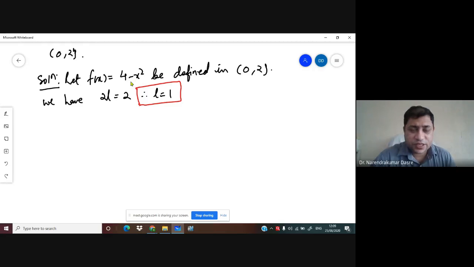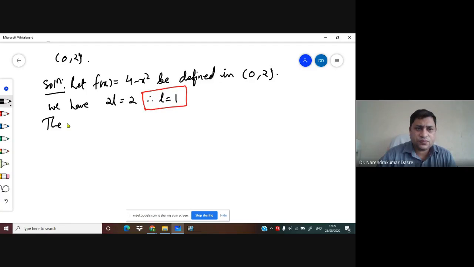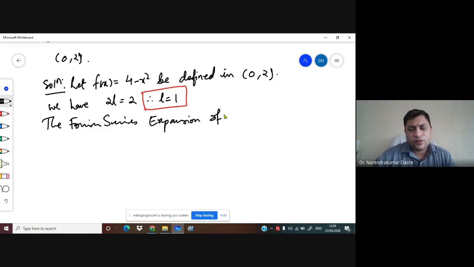So there is no question of checking whether the function is even or odd, and hence the Fourier series expansion of f of x is given as.